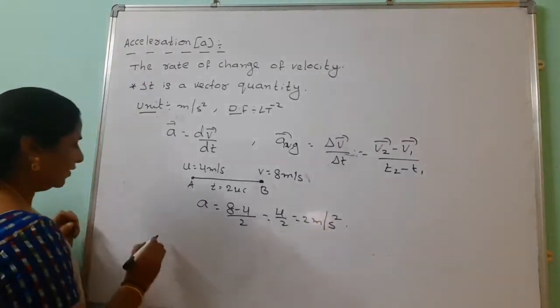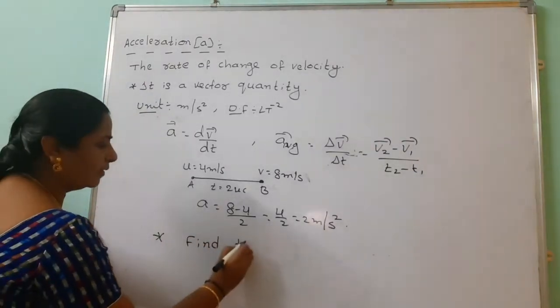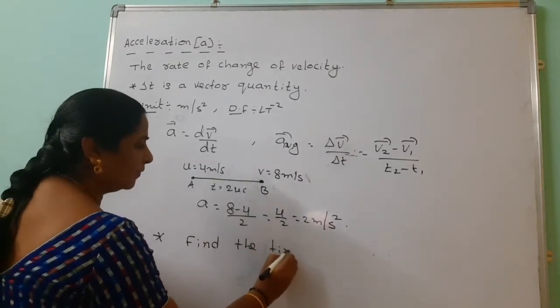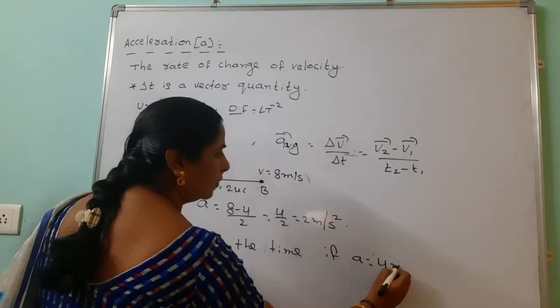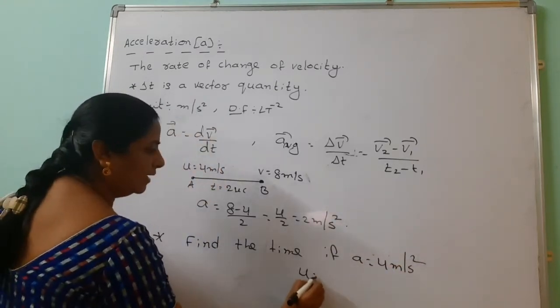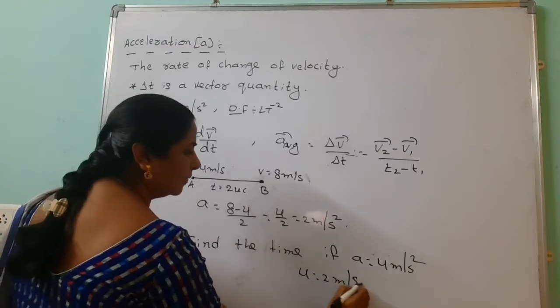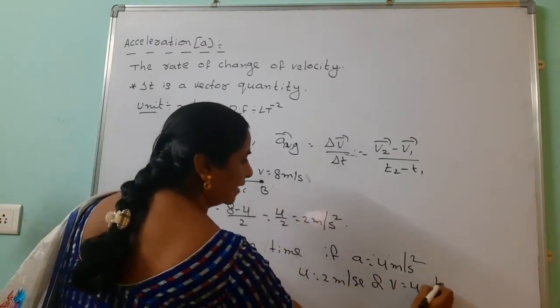One more problem we are going to discuss. Find the time if a equals 4 meter per second square, initial velocity is 2 meters per second and final velocity is 4 meters per second.